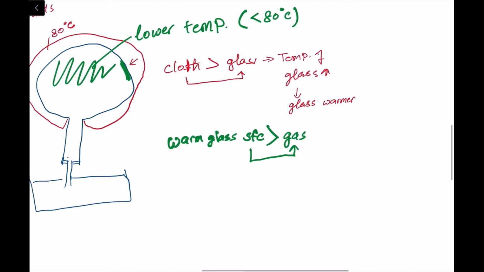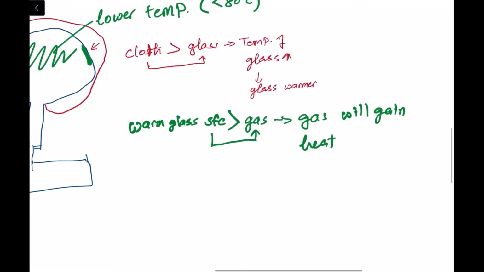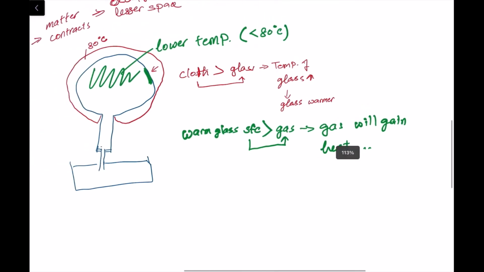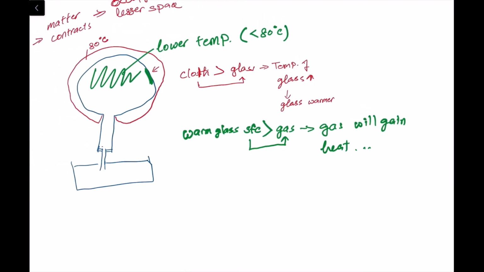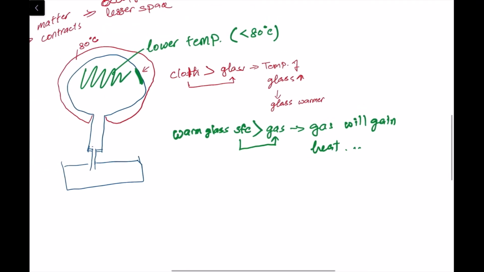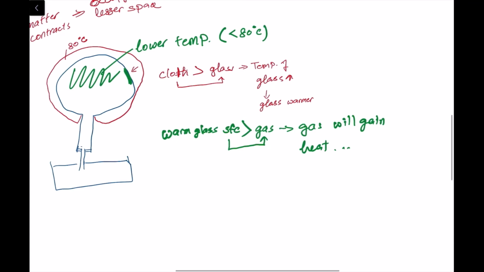And when this happens, the gas will gain heat. Now if we just say the gas will gain heat, that's incomplete. We must specify from where. What is the source of heat? Since the gas is in contact with the glass surface, we would say the gas will gain heat from the warmer glass surface.